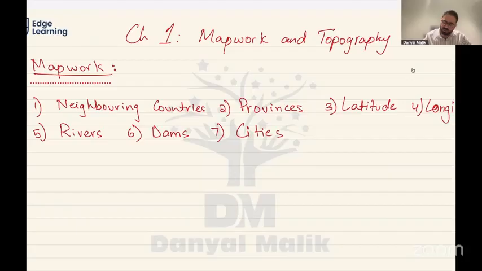Then we need to know the map work of mountains. Then the map work of mountain passes. Then the map work of plateaus.